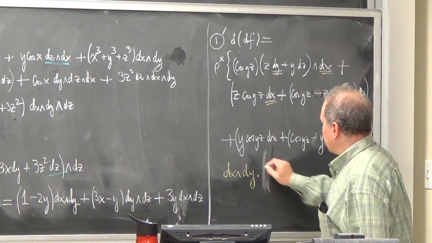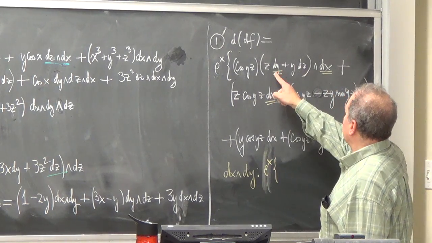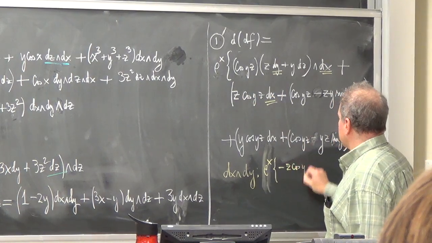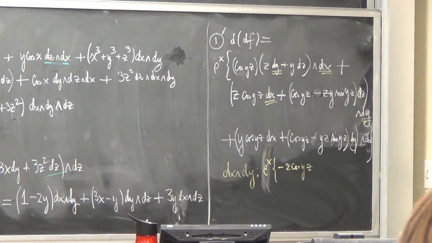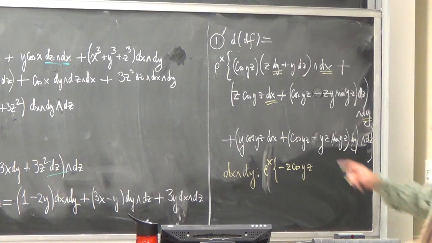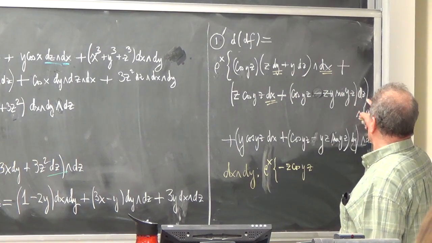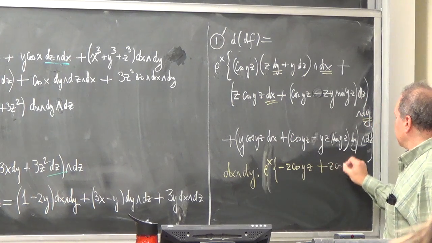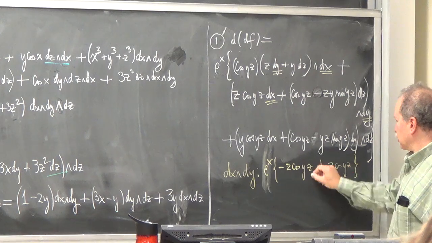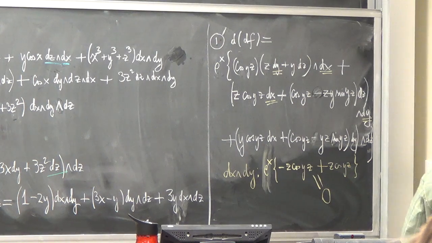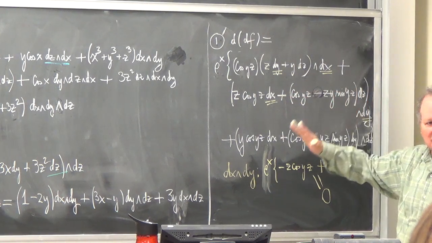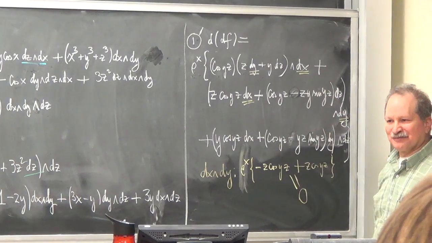I've got the e to the x out front, and then minus z cosine yz. Why minus? Because I switched the order. What have I got in this term? z cosine yz. Looks like 0. And you can check the dy wedge dz and the dx wedge dz, they can all be 0.